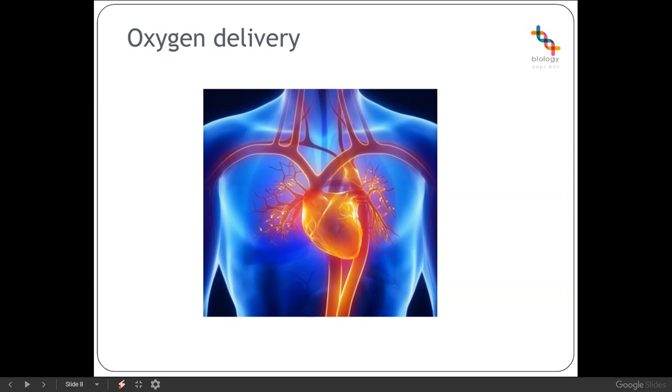So it's important to realise that when we talk about the cardiovascular system, we're referring to some specific functions and some specific parts. So obviously we have the heart, usually made up of two different types of chambers, atria and ventricles. Atria being where the blood enters the heart, and ventricles where the blood leaves the heart.